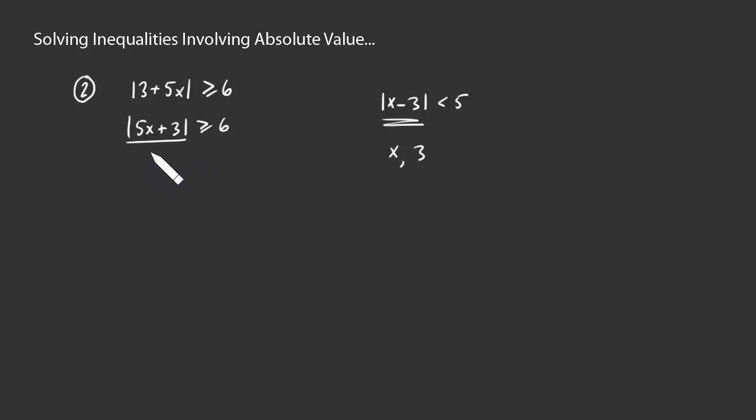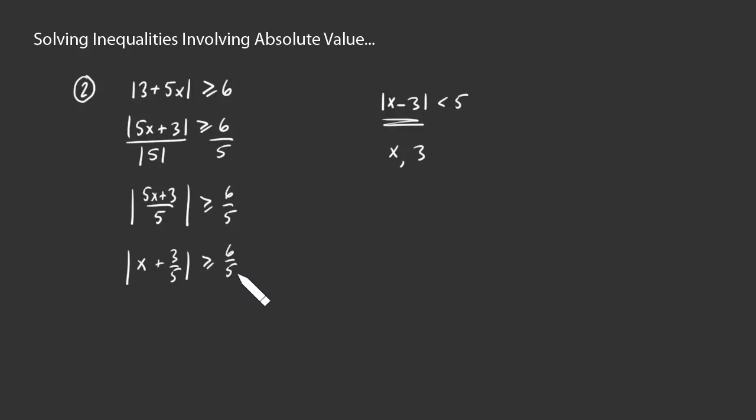Okay, if we divide by 5 on both sides, that's the same as dividing by the absolute value of 5, which means since the quotient of two absolute values is the absolute value of the quotient, we can write it like this, and then breaking this into two pieces, we have 5x over 5, or just x, plus 3 over 5, in absolute values still is greater than or equal to 6/5.